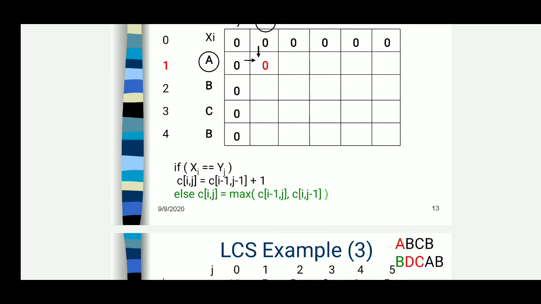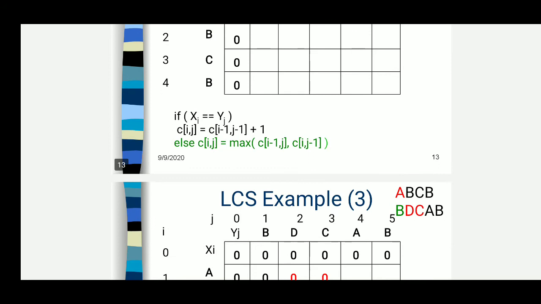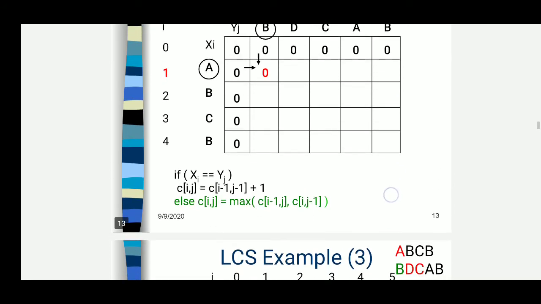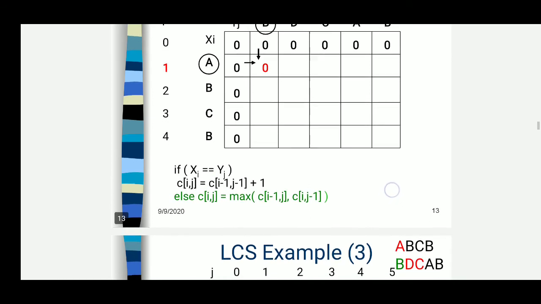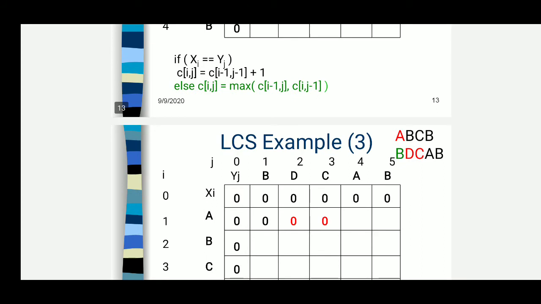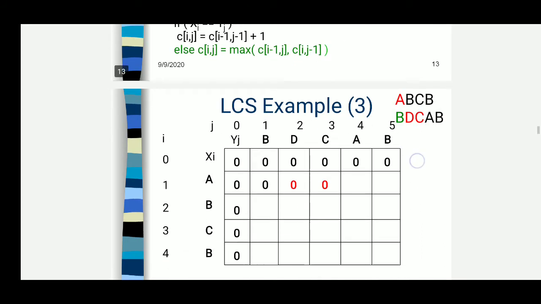One is the immediate left value and the other is the immediate above value. We compare both values and take the maximum, and if both values are the same, we can take it from either side.